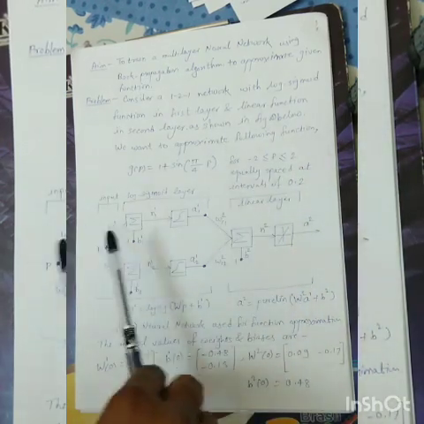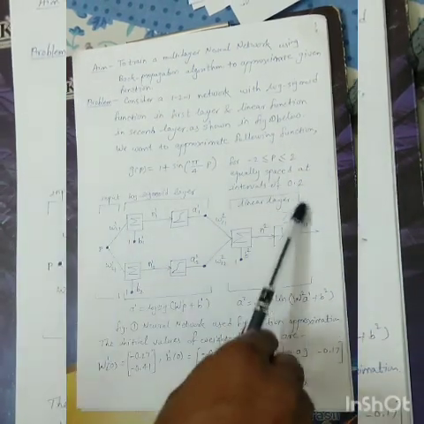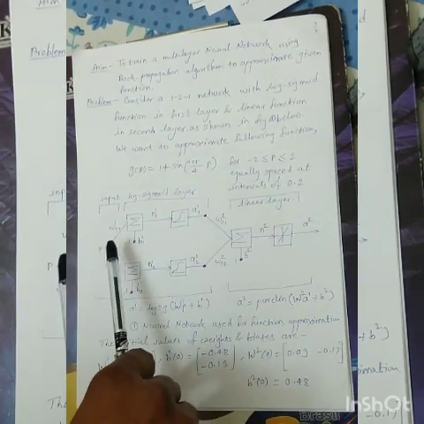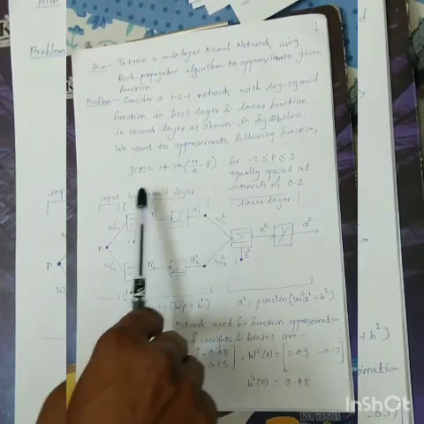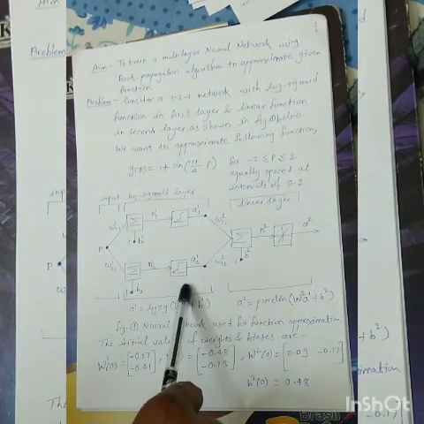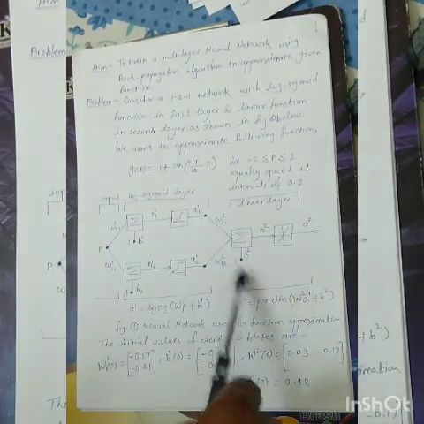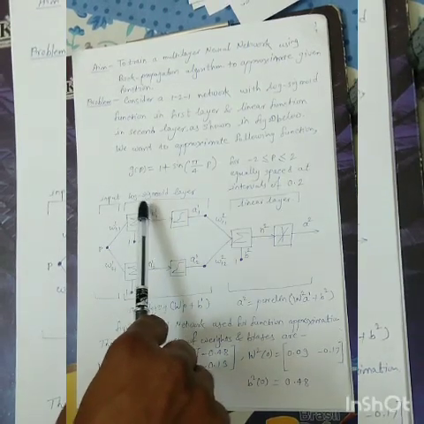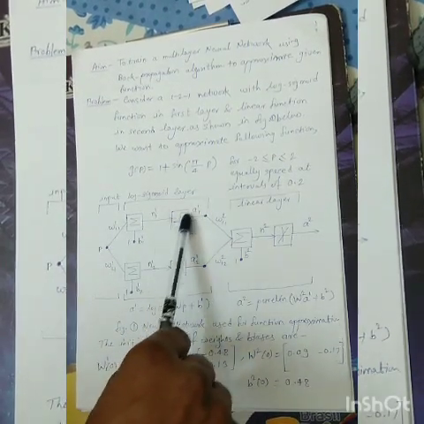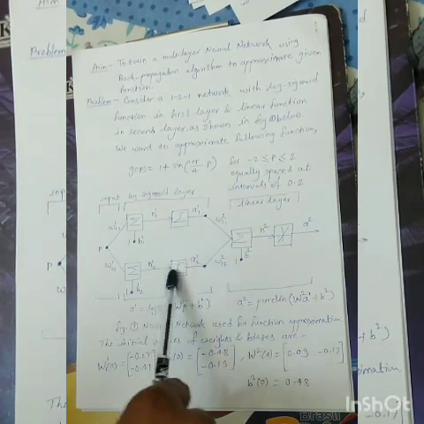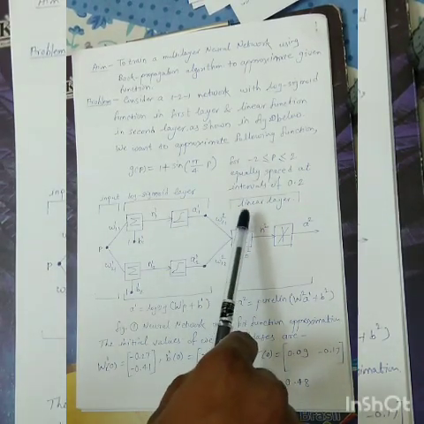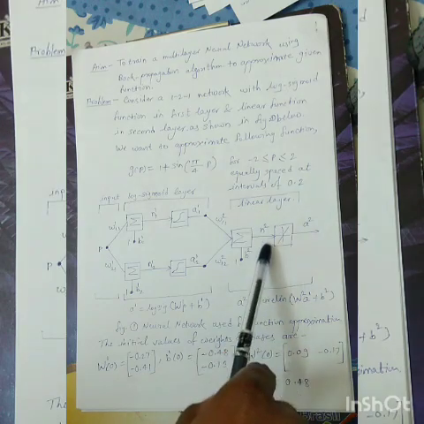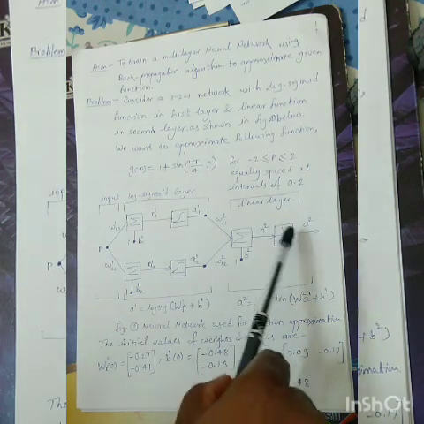The multilayer neural network will have two layers. The first layer is a log sigmoid layer, and the second layer is a linear layer. The first layer is called a log sigmoid layer because it has a log sigmoid transfer function, and the second layer is known as a linear layer because it has a linear transfer function.